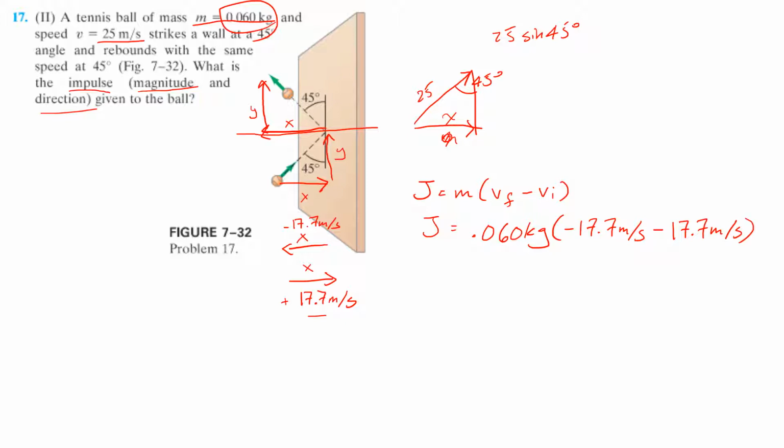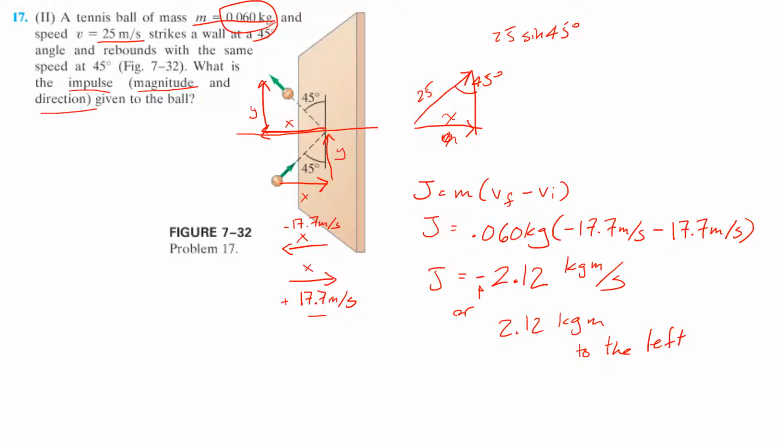You do a little bit of math here, and it becomes J is equal to negative 2.12 kilogram meters per second, or it's 2.12 kilogram meters per second to the left. That's what this little negative sign means. It's going that way. A magnitude and direction.